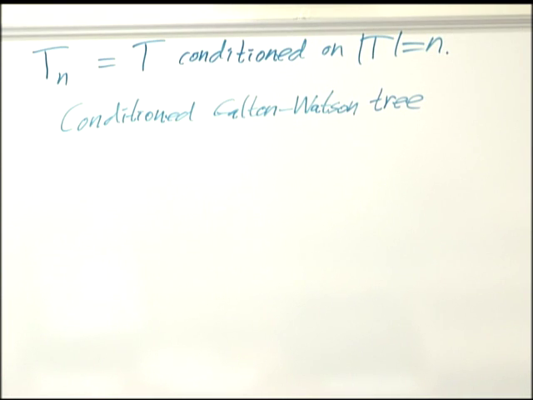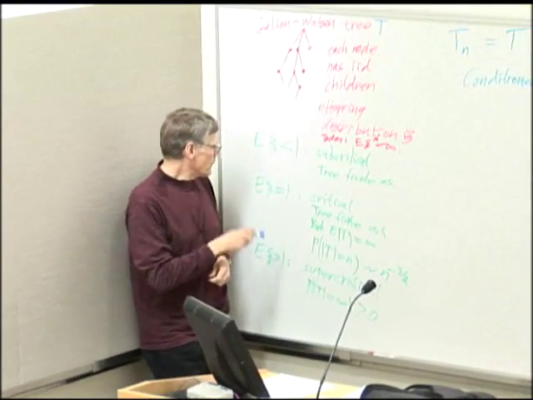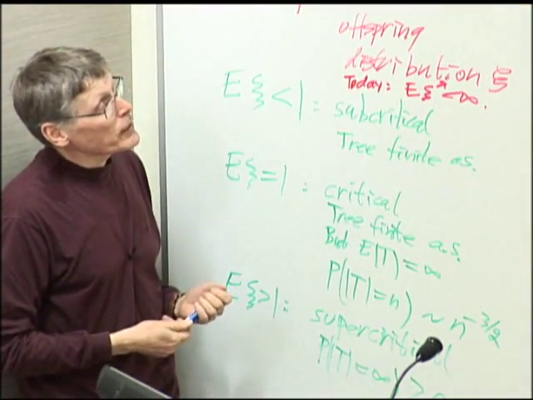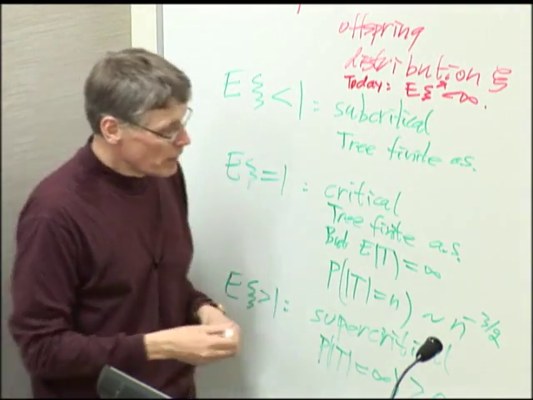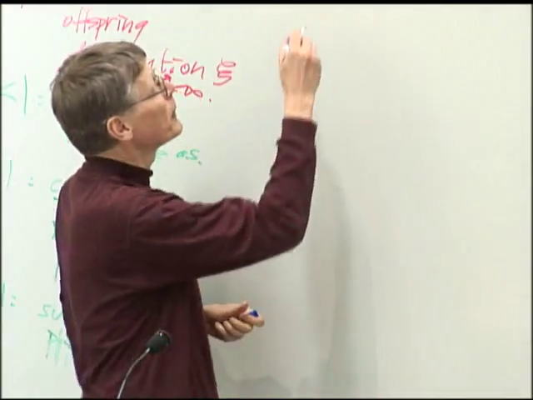Then there is one important basic fact here: one can change the distribution of xi and still get the same conditioned tree. Let me write that too.